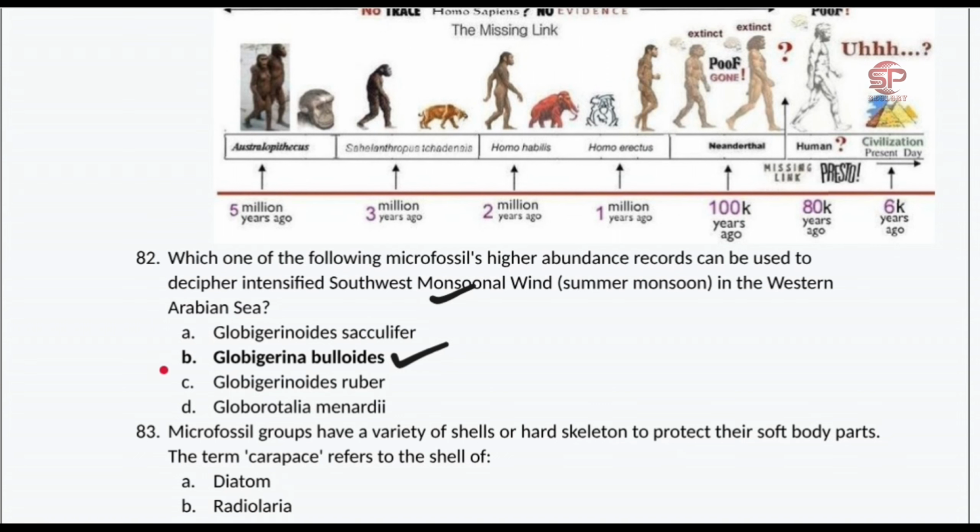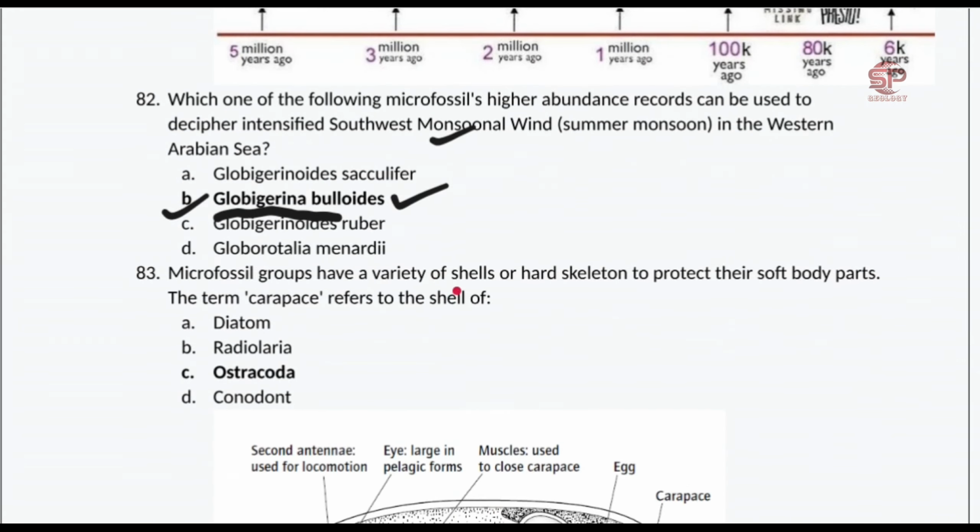So that's why this is used to study the southwest monsoon. Generally we collect samples offshore of Oman or within the Arabian Sea, because the abundance of this foraminifera is more in the Arabian Sea. The answer will be B.